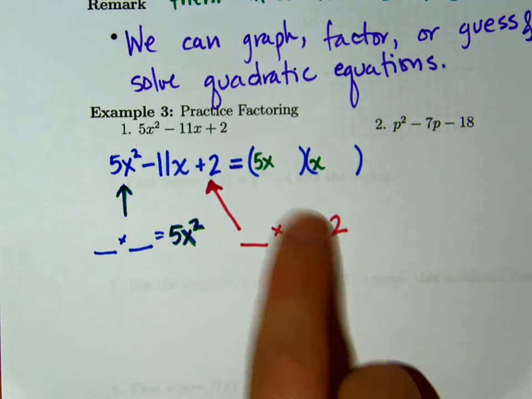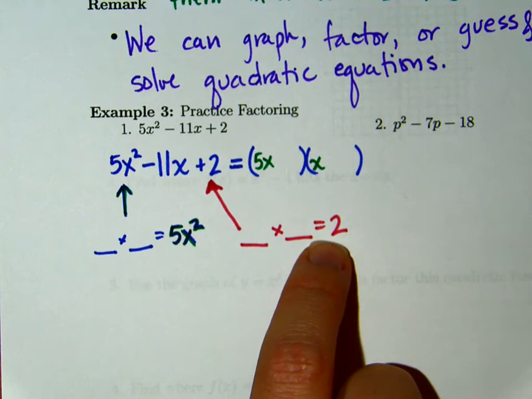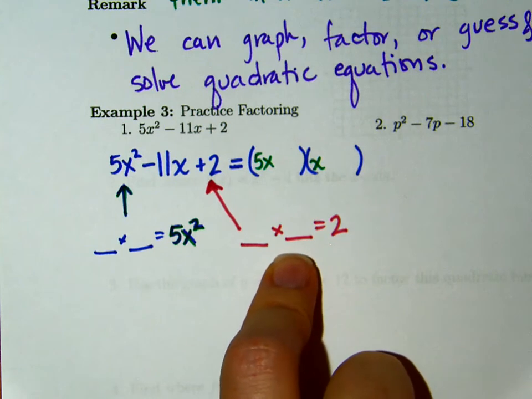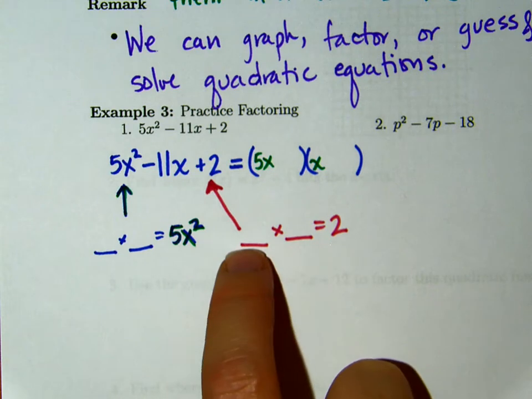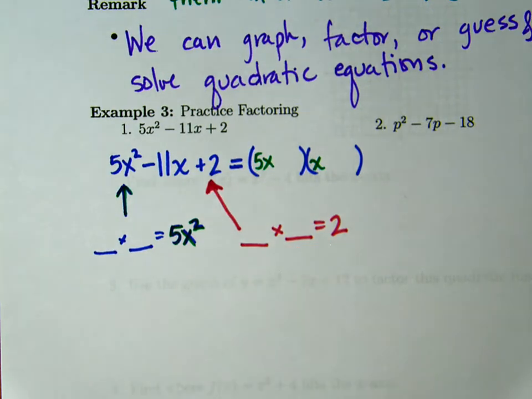There are infinitely many ways to multiply to get to 2, as there were with the 24. My first gut instinct was to use a 1 by 2 or a 2 by 1. But I also know that we could do a half of 4 or 4 halves, and we could go negative style as well.